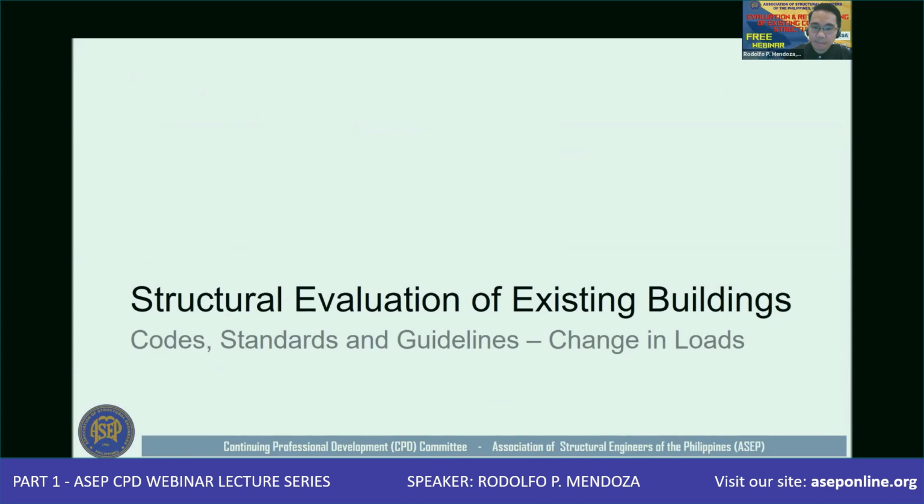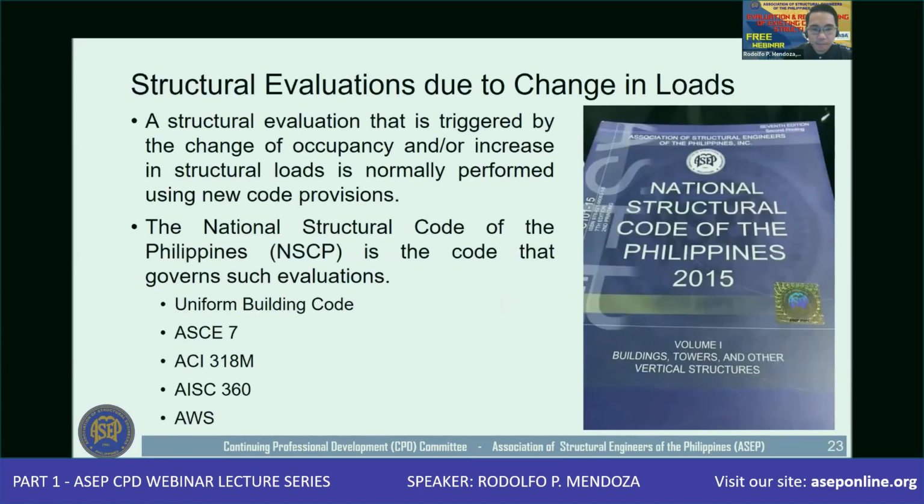Now, for structural evaluation that is induced by the change in structural demands, of course, the main code or standard that we use in assessing a structure where there is a change in use or occupancy is what we call the National Structural Code of the Philippines.